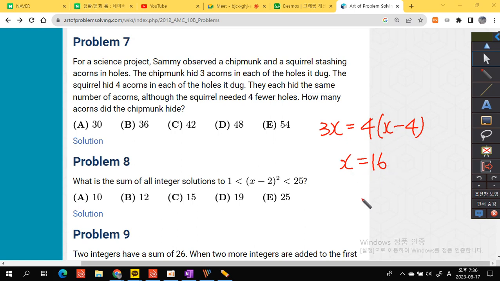So in such a case, what's the number of acorns if the number of holes is 16 for the chipmunk? So find this value when x is 16, 3 times 16 is 48.